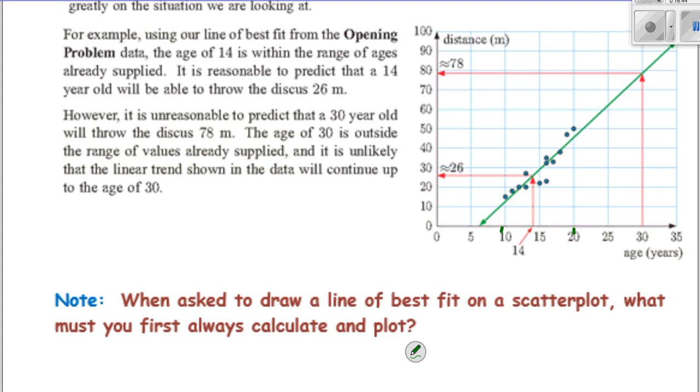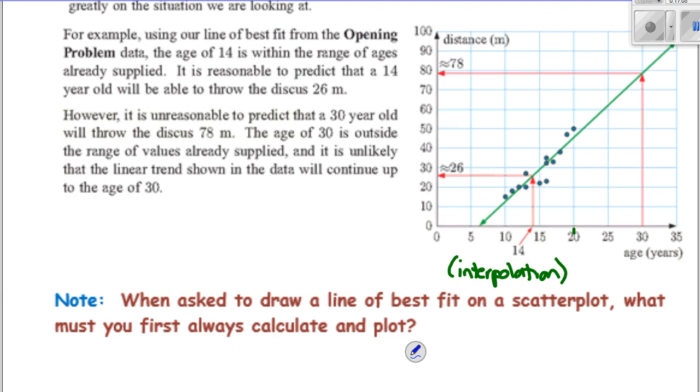So the little one where we have subject 14, that would be an interpolation. Use 14 to calculate roughly what the distance would be. If you went 14, go up to your line of best fit, go across, you get about 26. That's what we would call an interpolation, and that's quite reliable because it's within the range of data that you've collected.